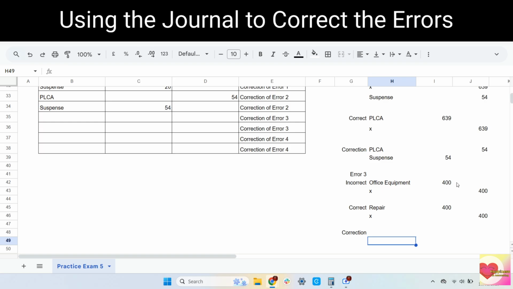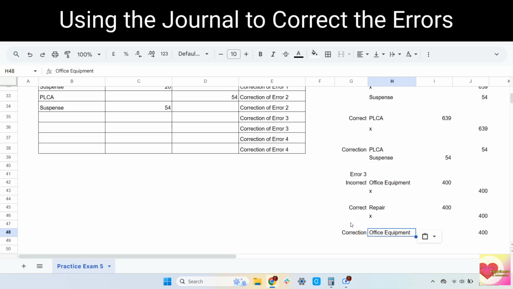First, the office equipment account is not a correct entry, so we have to remove the 400 in debit by entering 400 in credit. Next, the opposite entry, 400 in credit, is correct and the same, so we don't need to enter them to our correction.